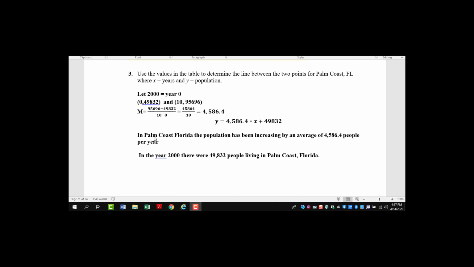So here's our interpretation for the slope, m. In Palm Coast, Florida, the population has been increasing by an average of 4,586.4 people per year. Or you could put 4,586. That's the interpretation of the slope. The interpretation of the initial value is in the year 2000, there were 49,832 people living in Palm Coast, Florida.